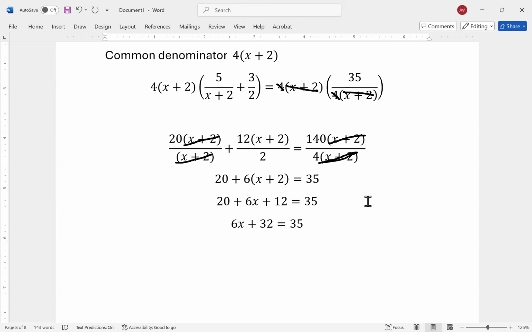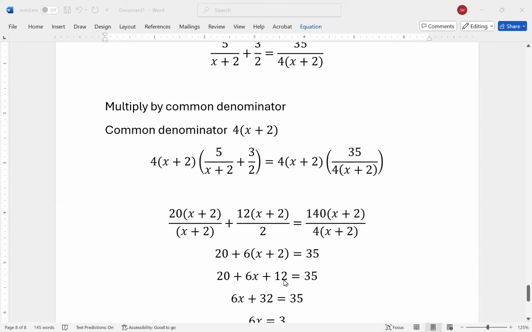Subtracting 32 from both sides gives me 6x is equal to 3. And then dividing both sides by 6 gives me x is equal to 0.5 as a decimal, or 1/2 as a fraction. So that canceling out of the x plus 2's really does the job. I'll erase that.